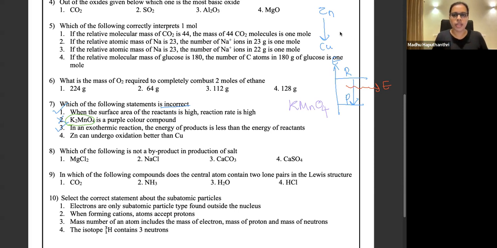Similarly, in the activity series also, electrons are flowing down. Electrons flowing down means top people have to release electrons. That means they undergo oxidation. The bottom ones are accepting electrons. That means they undergo reduction.